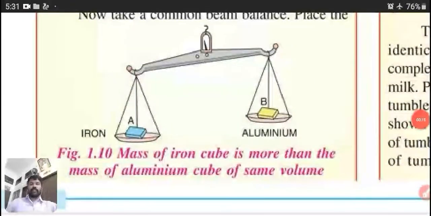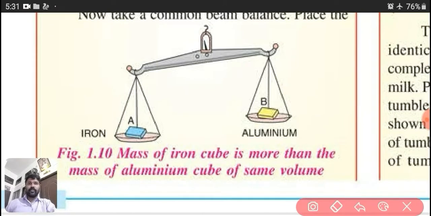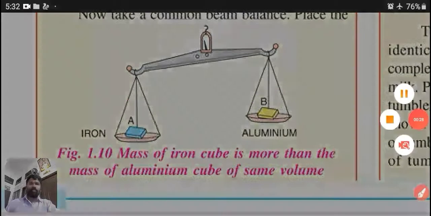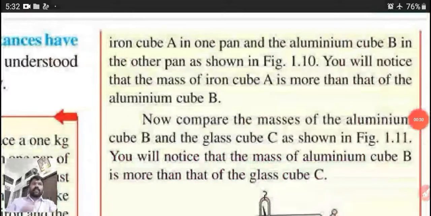Just observe the diagram here. In the first pan there is iron, in the second pan there is aluminium. You will notice that the mass of iron cube A is more than that of the aluminium cube B.